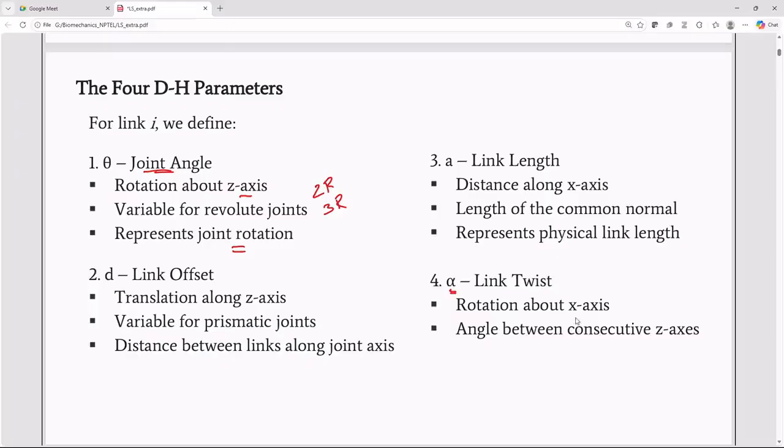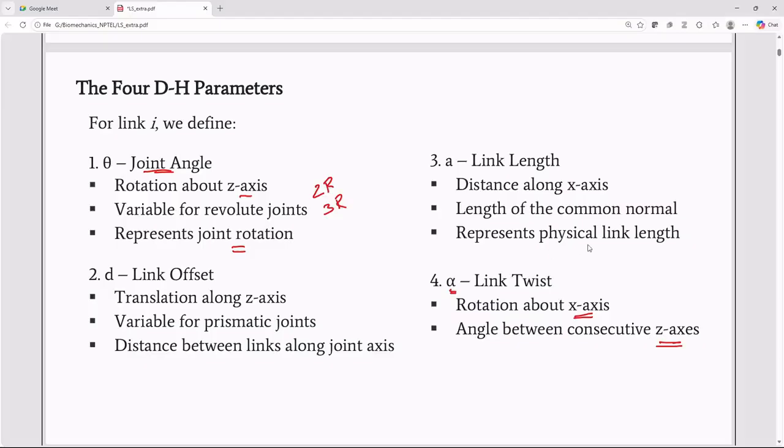This is the rotation about the x axis, and this gives the angle between two consecutive z axes. Theta is the rotation of the link about the z axis, whereas alpha is the angle between two z axes when we are considering two coordinate systems.